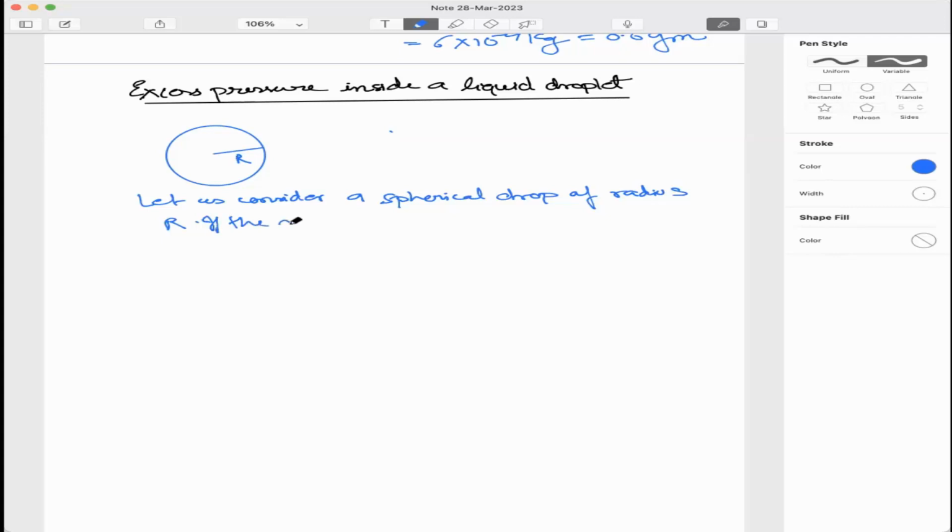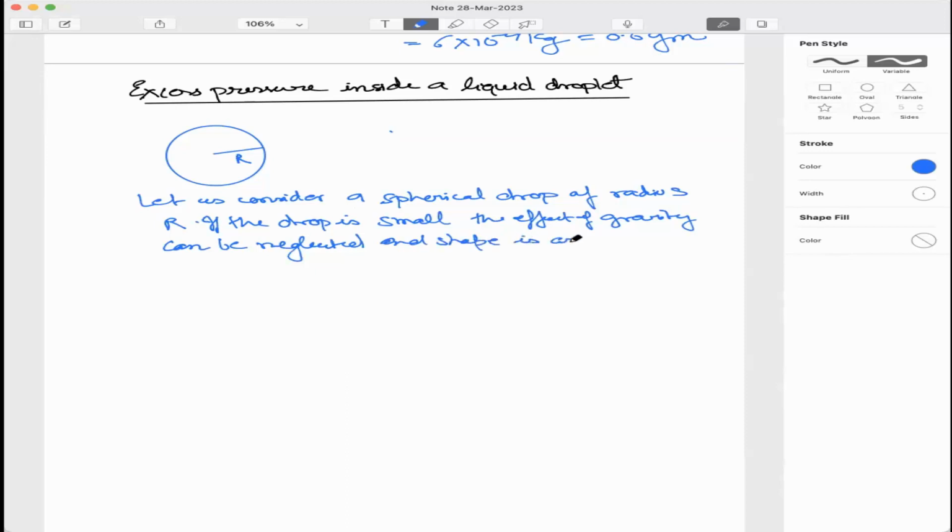If the drop is small, the effect of gravity can be neglected, and the shape is assumed to be spherical.